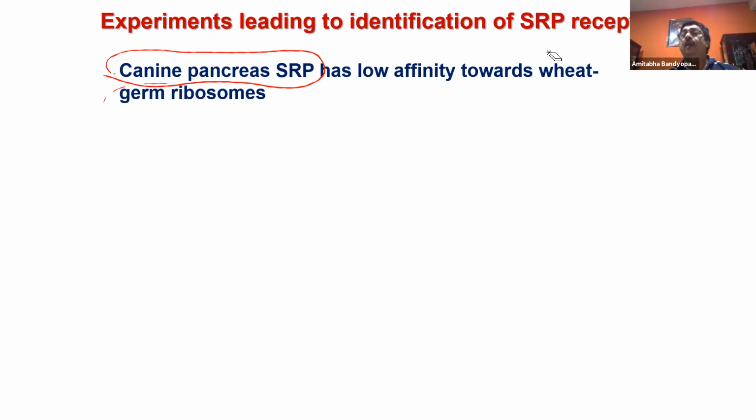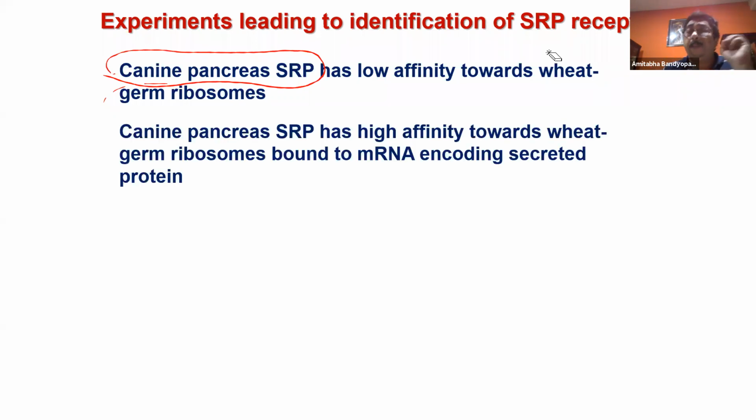To cut a long story short, Blobel's lab established that the canine SRP, signal recognition particle, has low affinity towards wheat germ ribosomes. But if the wheat germ ribosomes are bound to mRNA encoding secreted proteins, then canine SRP has high affinity towards it.